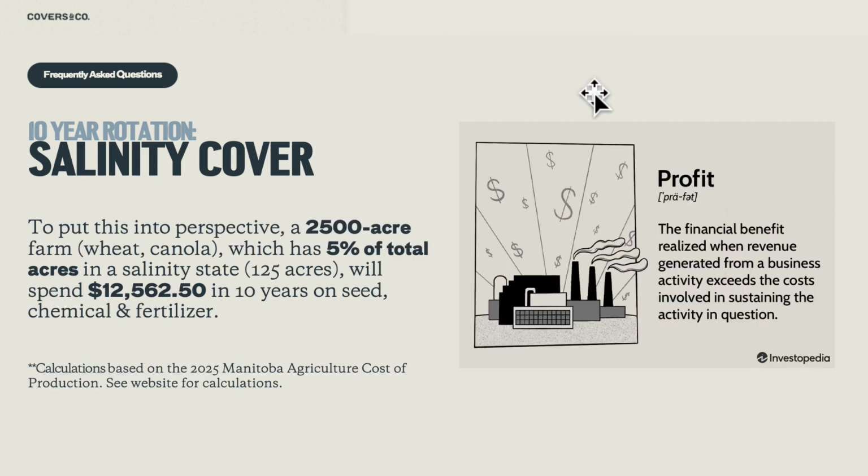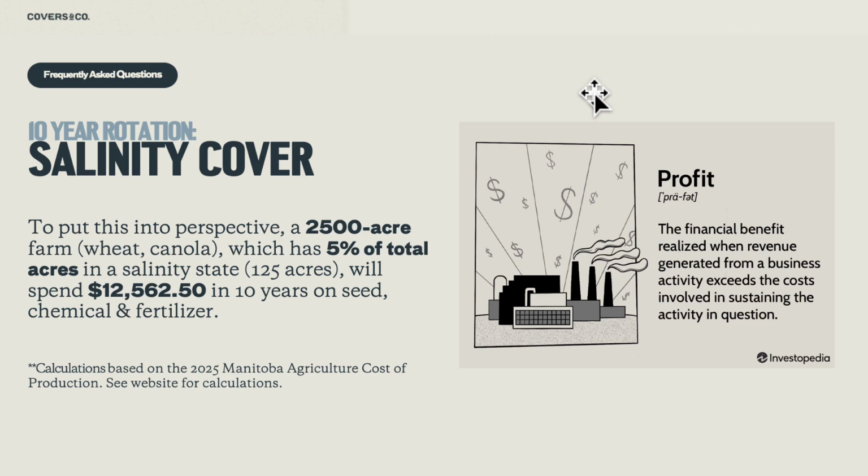To put this into perspective, on a 2,500 acre farm, same as we looked at on the wheat and canola side of things, if 125 of these acres are in a saline state, we're looking at an investment of $12,500 over 10 years, spent on seed, chemical, and fertilizer. That's a massive difference from $12,500 to $300,000, just in their ability to stop putting some of these inputs into these regions with nothing growing.